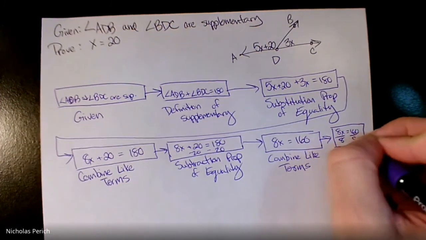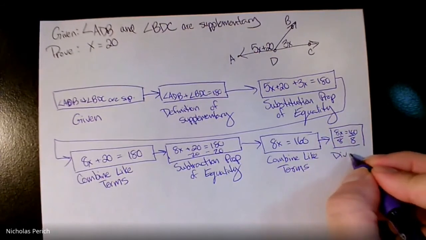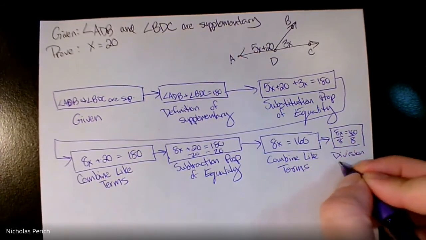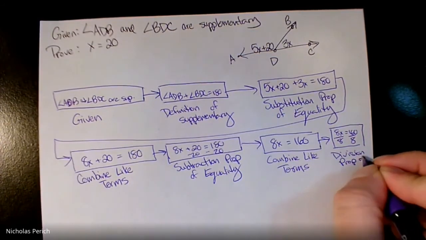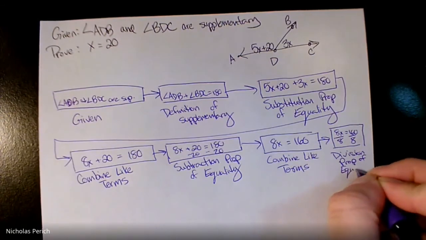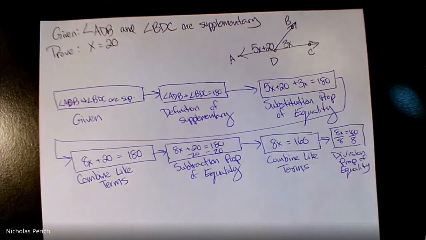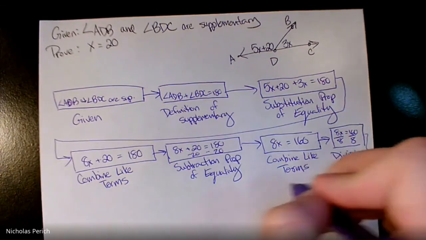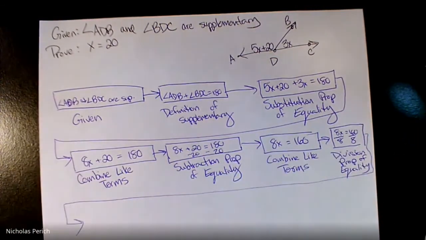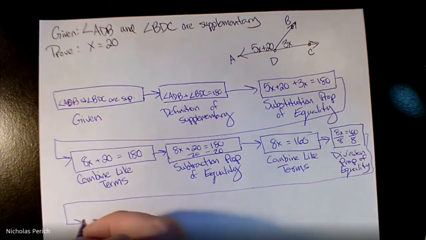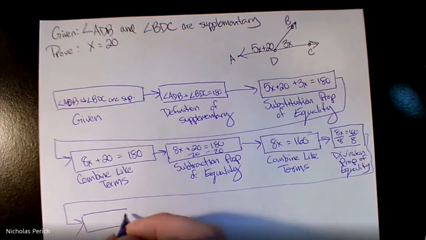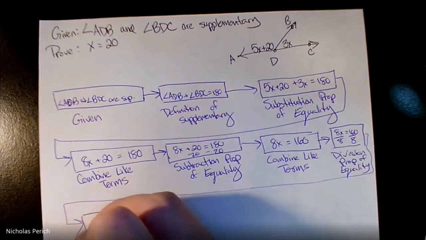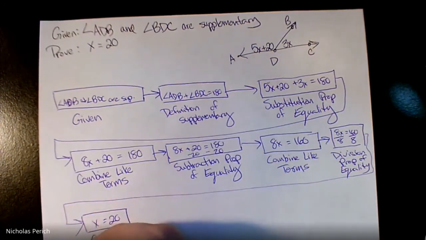So what is that called? The division property of equality. X equals 20, and that's because I combine like terms.